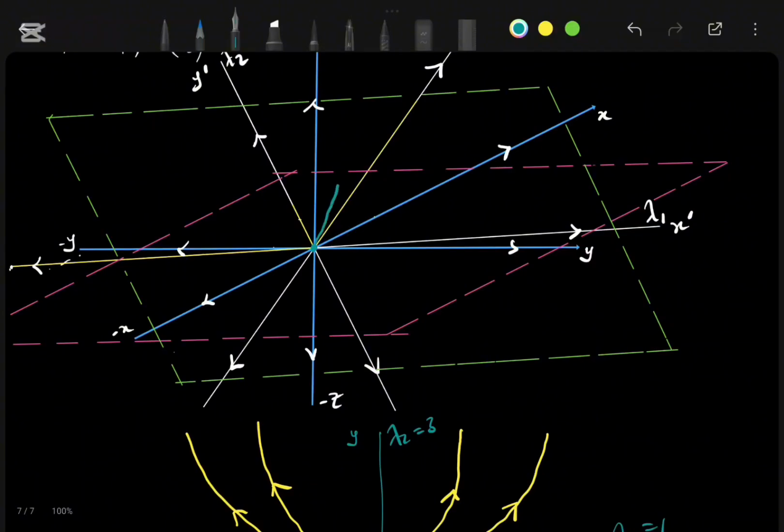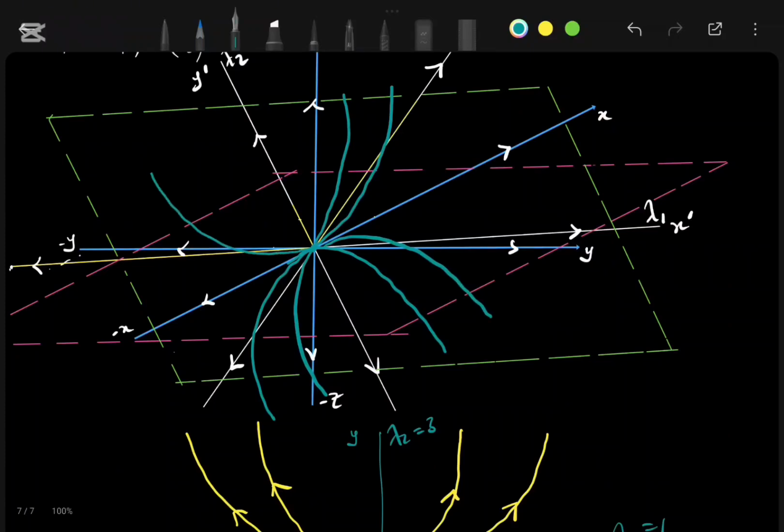So we have this, and this. The same thing is going to happen on the other side. So we move from the origin this way, from the origin this way. We indicate our direction.